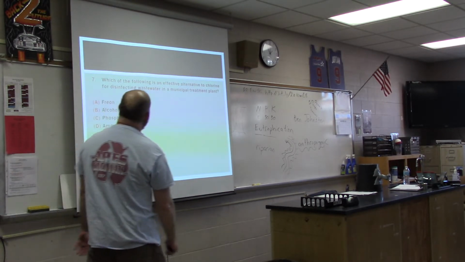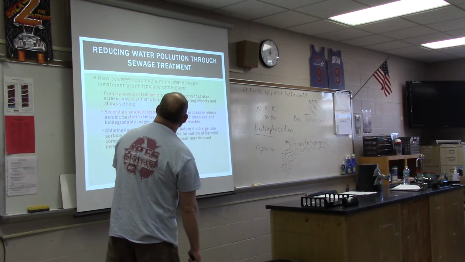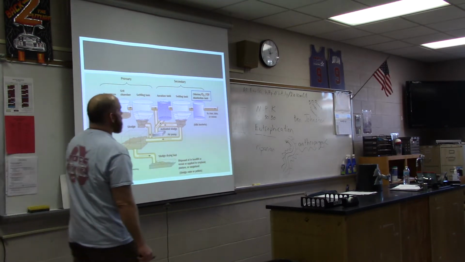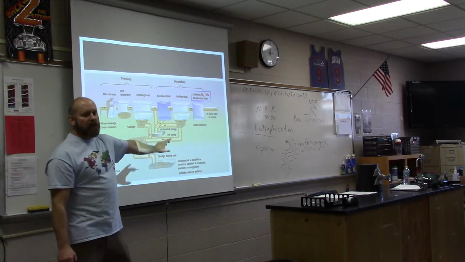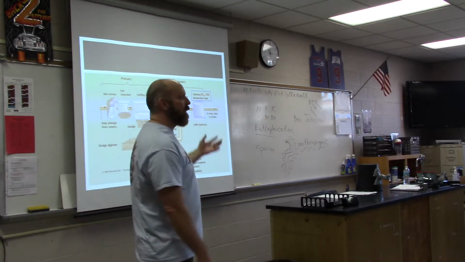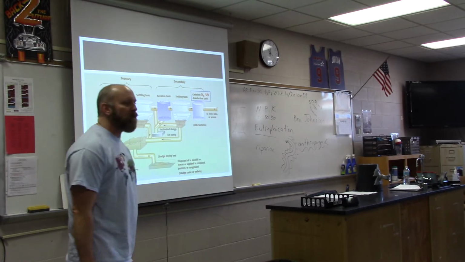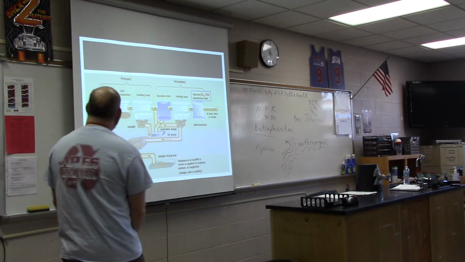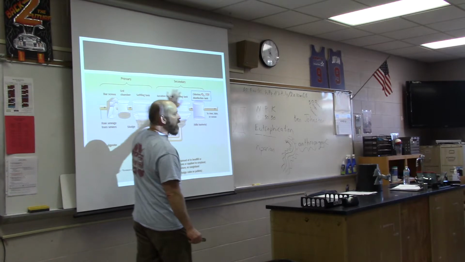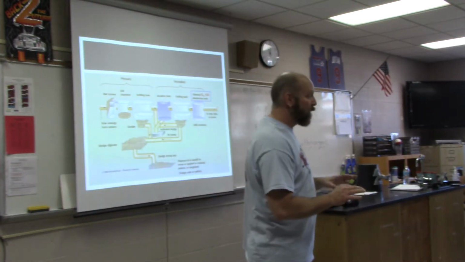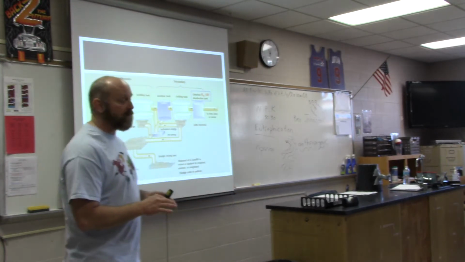I'm going to skip over here to this picture real quick. This is a diagram that's probably in your environmental science textbook. This is a general scheme or drawing. Most sewage treatment plants are a little bit different than this, but there's primary and secondary. You will see questions, plural, on the AP exam about this.